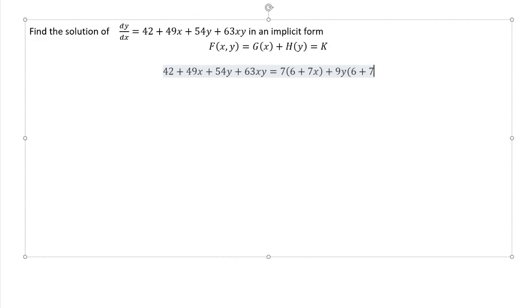And then because you factored the y out, you only have x here. Then you can see that 6 plus 7x and 6 plus 7x is common, so now I can factor the 6 plus 7x out. After factoring the 6 plus 7x out, what's remaining inside is 7 plus 9y.